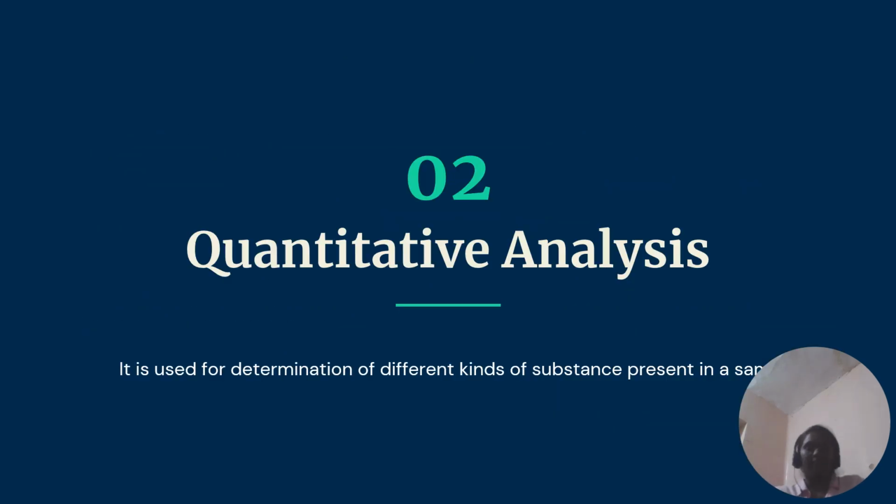Next, coming to quantitative analysis, it is used for the determination of different kinds of substances present in a sample. Qualitative analysis was for identification of substances, and quantitative analysis is for determination of substances.